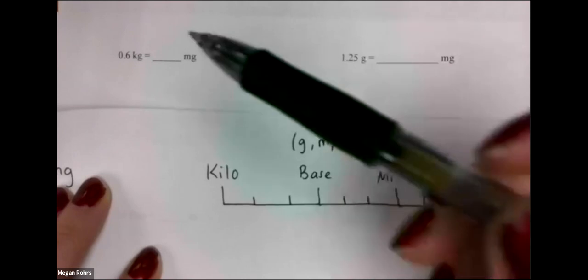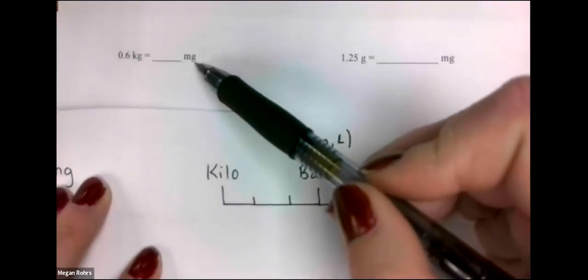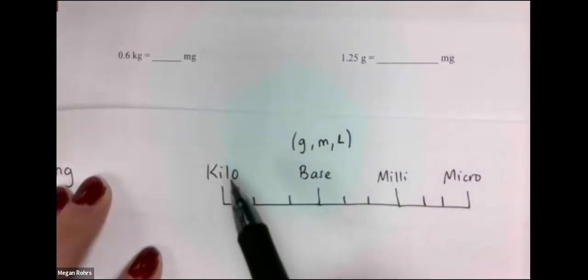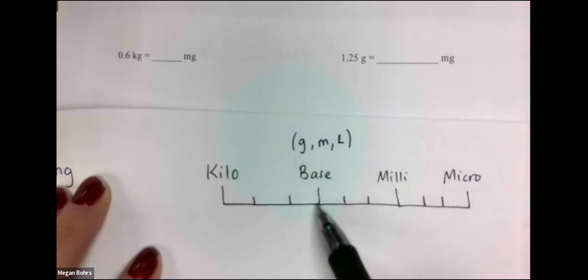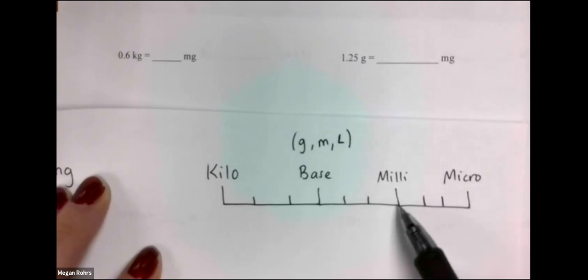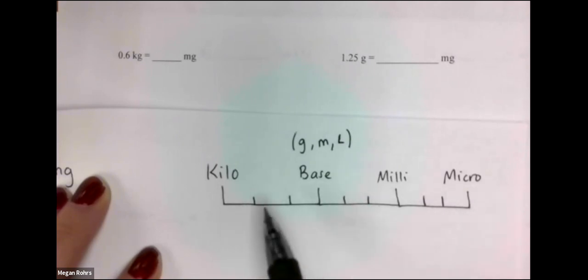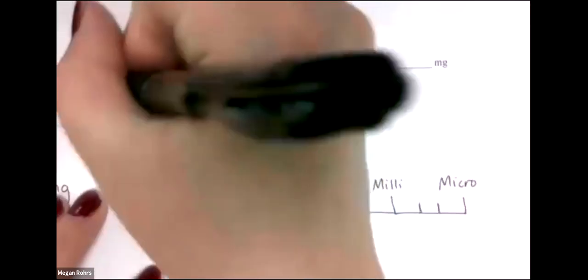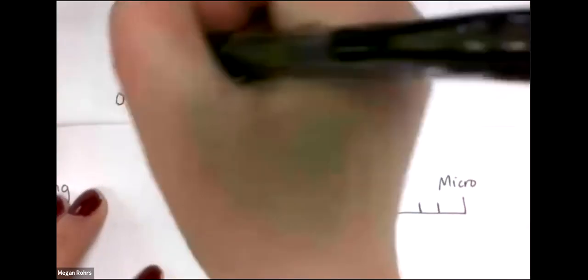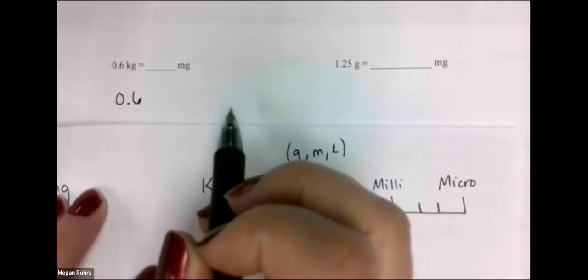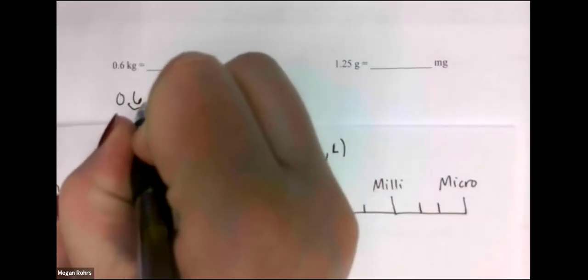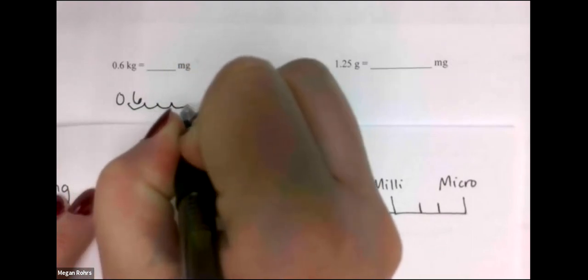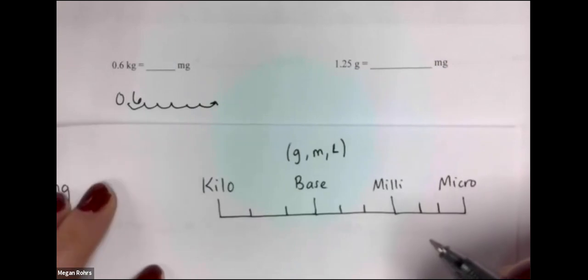If we're going from kilograms to milligrams, we need to see how many decimal places we're moving. So 1, 2, 3, 4, 5, 6. We're going 6 places to the right. So if my decimal is here, I'm going to go 6 places to the right, 1, 2, 3, 4, 5, 6, and then I'm going to fill in my zeros.